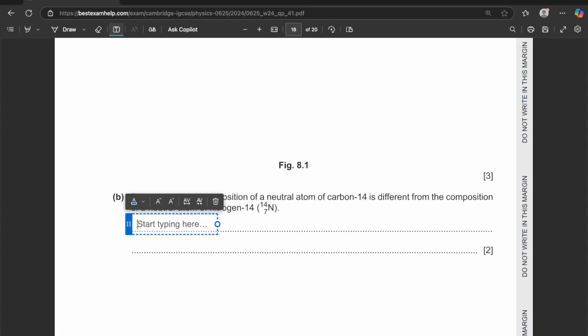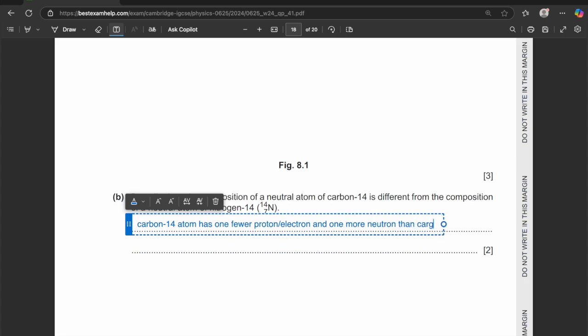We have to write from the carbon atom perspective. So the carbon-14 atom has 1 fewer proton, we can write electron, and 1 more neutron. Then the nitrogen-14 atom.